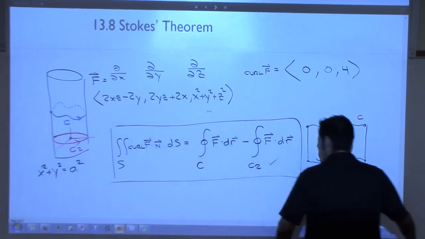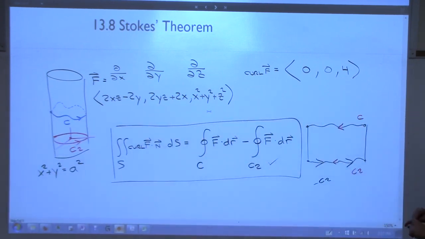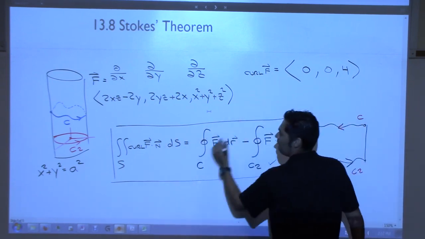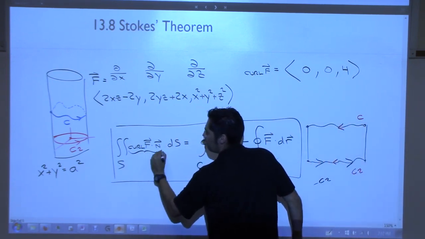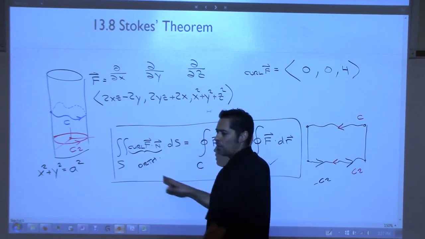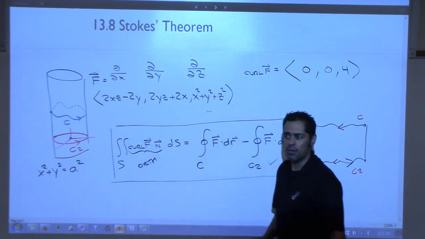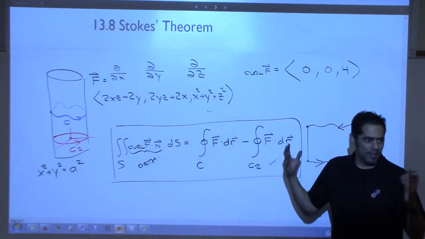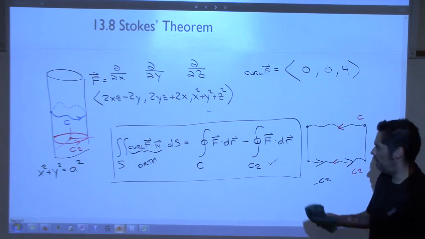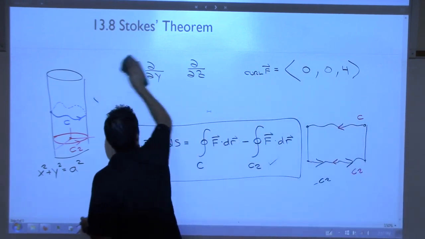This wouldn't work with just an arbitrary vector field. So because this normal vector and the curl of f are orthogonal, that means their dot product is 0. And that means the left side is 0. Understand? Okay?